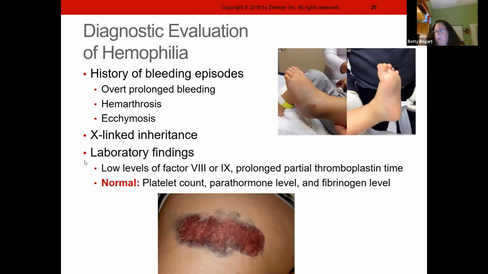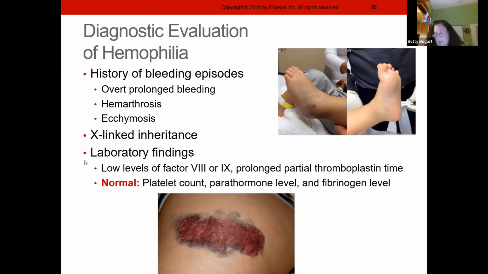It should be what, below 40 in most labs? It's over 100, 200. It's going to be prolonged, which means the blood is thin as thin as thin. It's just going to bleed, bleed, bleed. But if you look at it, the platelet count is normal. So you see the PTT elevated, you're going to see the platelets normal, and you're going to say, okay, this is probably your hemophilia.